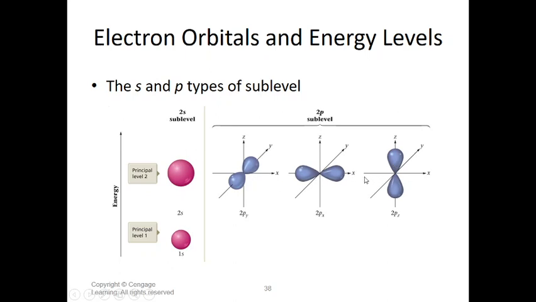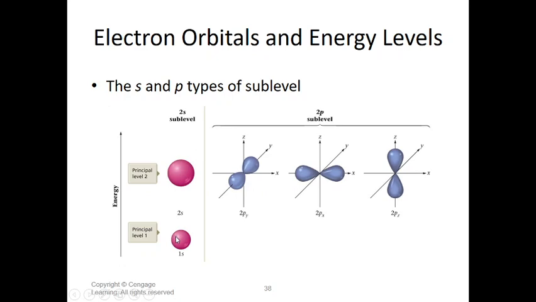That's the reason you have 3 orbitals on the 2p sublevel. You can see the labeling here: 1s, 2s with no orientation specification, or 2py, 2px, and 2pz, indicating not only the shape, type, and energy level, but also the orientation of the orbitals.